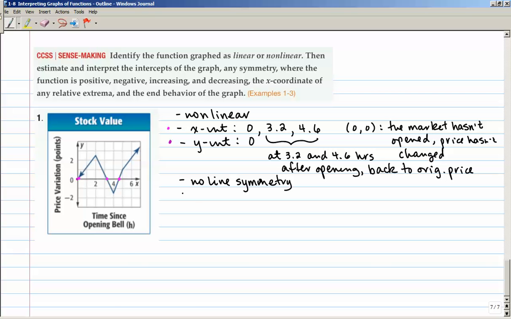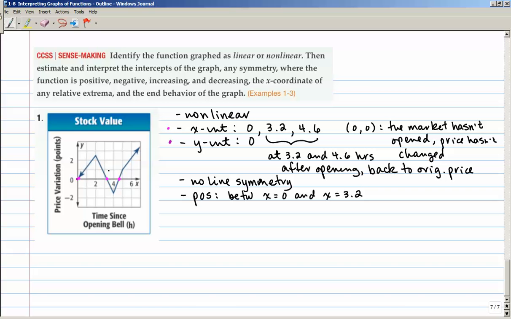Okay, now where is the function positive? It's wherever it's going to be above the x-axis. So it's positive between x equals 0 and x equals 3.2. And that's this area right here, just this part right here.